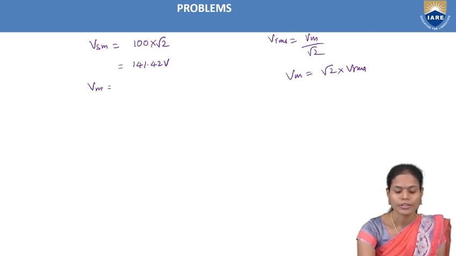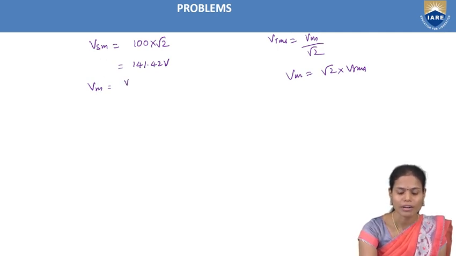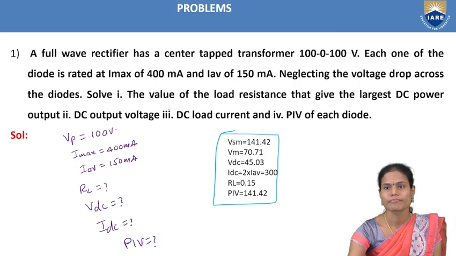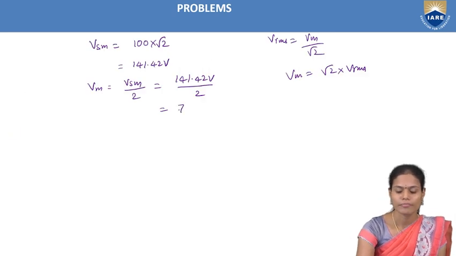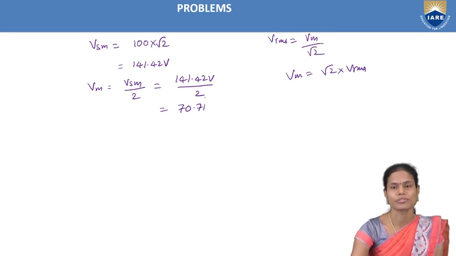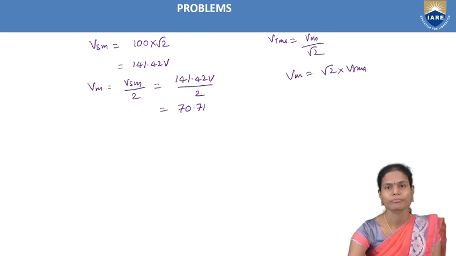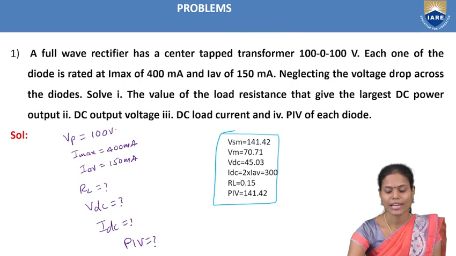So to find Vm, we have to take VSM by 2, that is 141.42 divided by 2. We will get 70.71 volts. This is the maximum voltage. And next we need to calculate the DC current or RL resistance value.